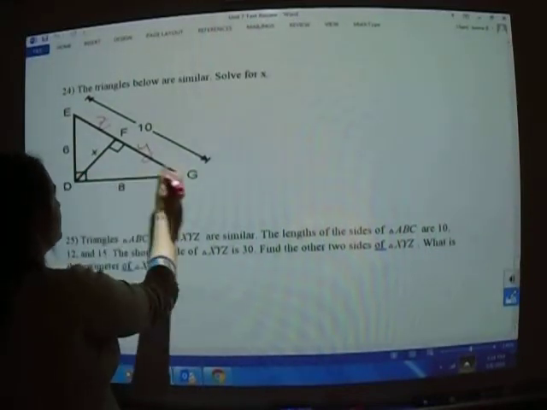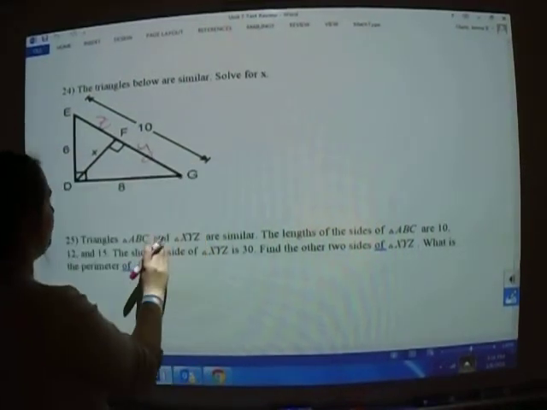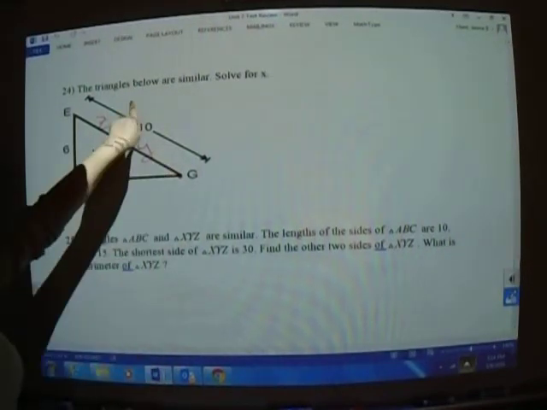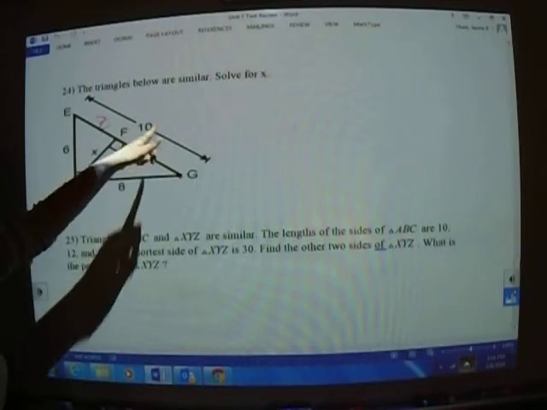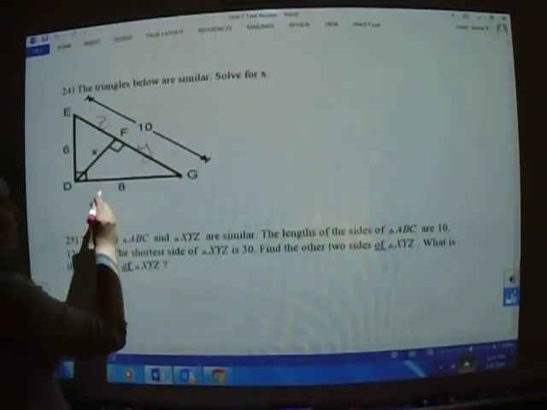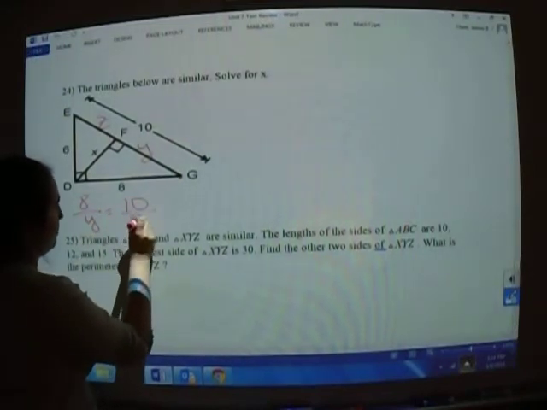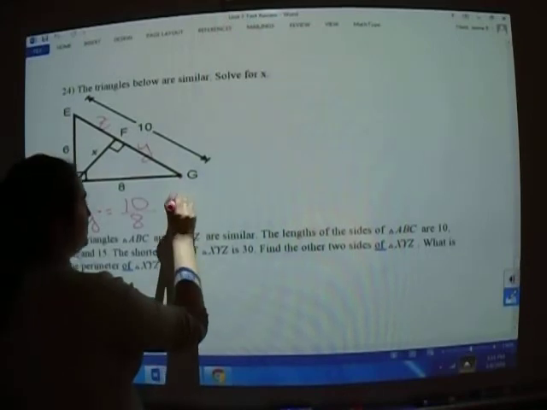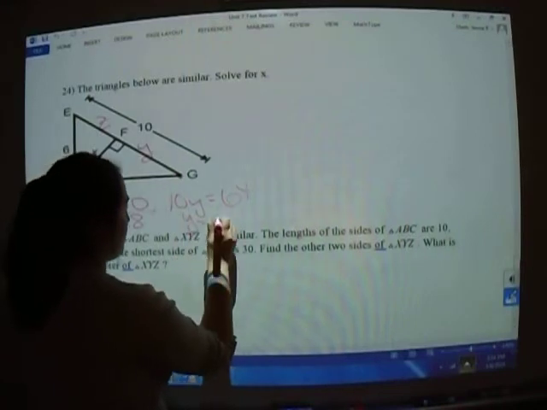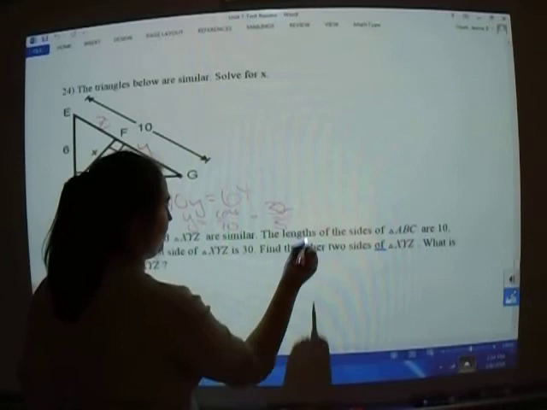The line DG, which is 8, shares a vertex point with two parts of the hypotenuse, y and 10 minus y, sorry, right? So we have 8 over y equals 10 over 8. So we end up with 10y equals 64. So y equals 64 over 10, which equals 32 over 5.